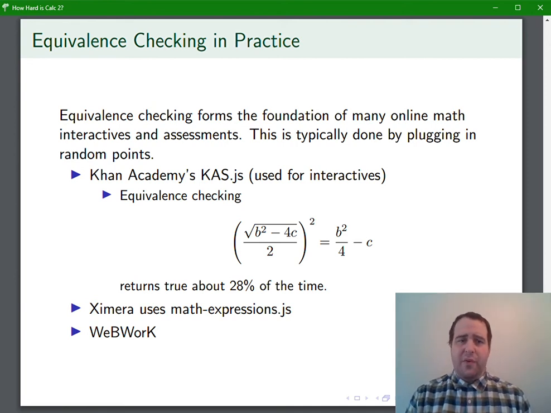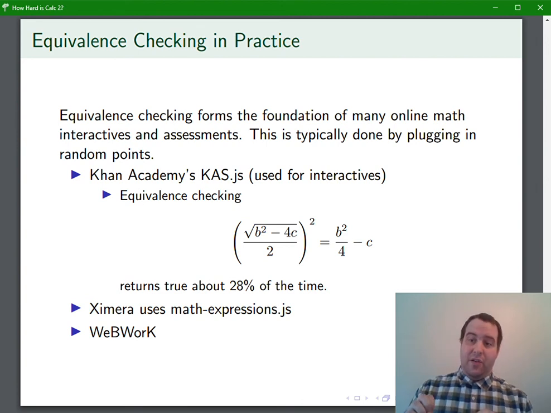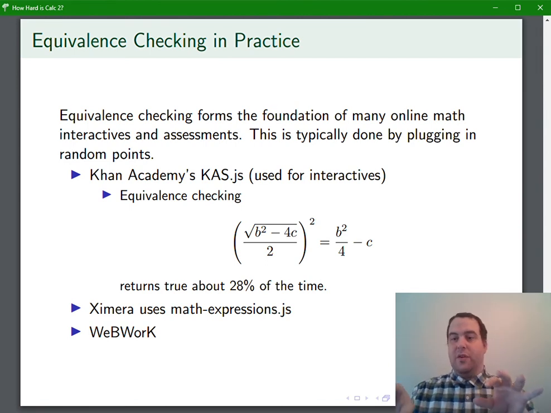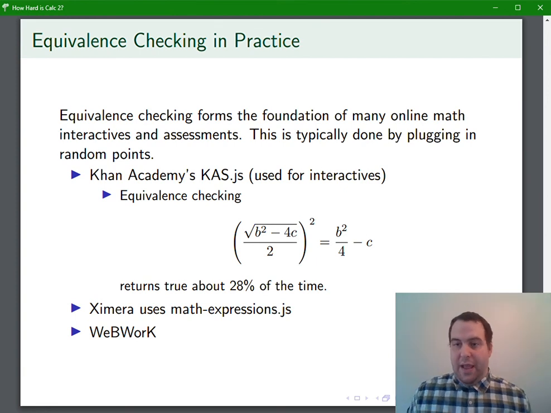Although, again, for practical purposes, the real key thing is that you don't want any false negatives, right? You don't want it to be the case that the student enters an answer that is correct and they're told that it's wrong because you tried to do some algebraic manipulation and weren't able to get the student's answer to look like the answer in the database.